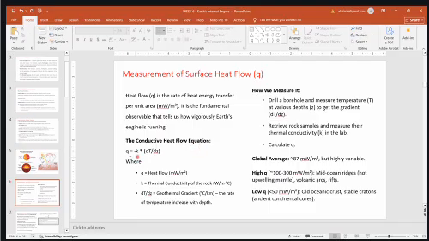The conductive heat flow equals Q, that is minus K times dT/dZ, where Q is the heat flow, K is the thermal conductivity of the rock or the material medium, while dT/dZ is the thermal gradient, which is the rate of temperature increase with depth.